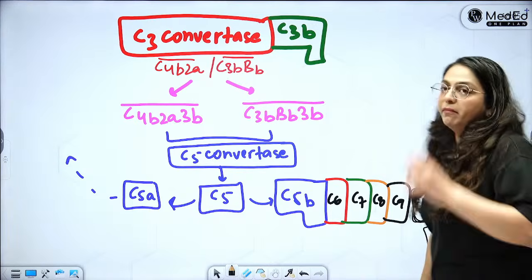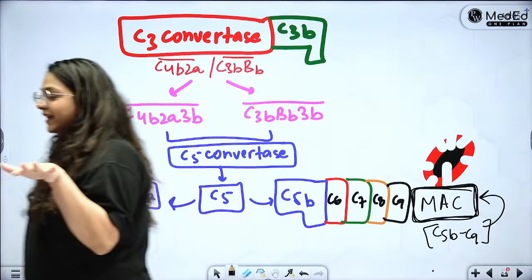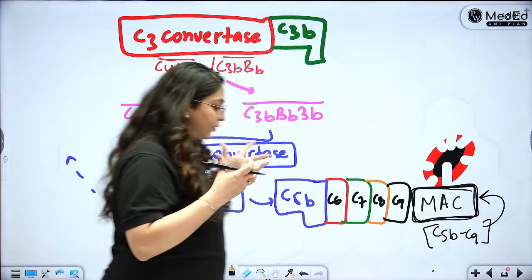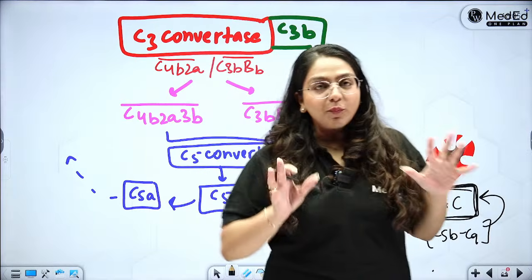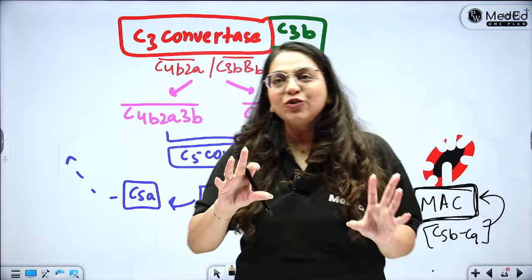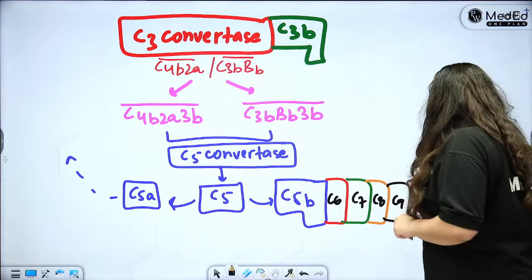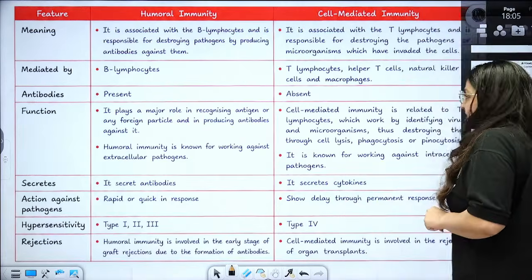That is what MAC is. Now I don't think any doubt remains in the understanding of the complement pathway and complement system, and I hope that now you will pray that they in fact give you complement system in the exam. Okay? It is done and dusted.